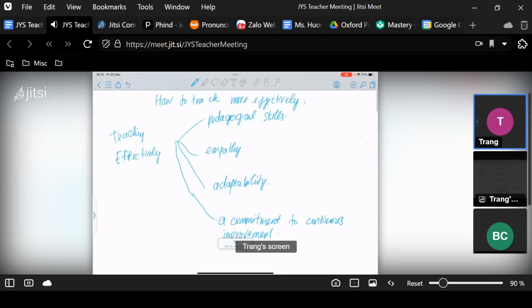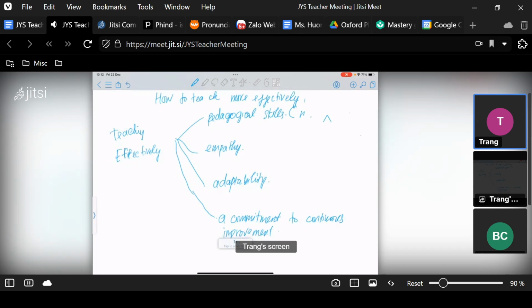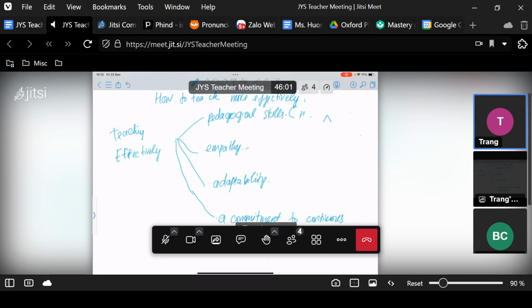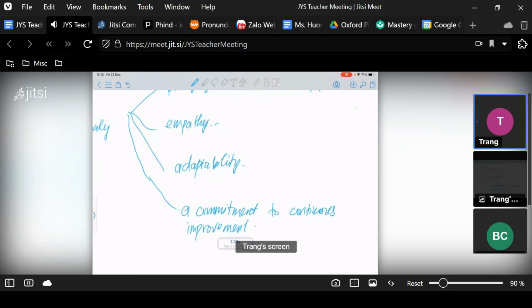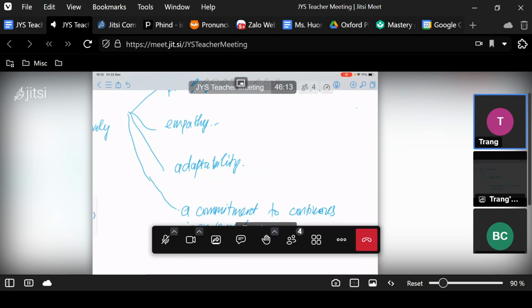Pedagogical skill consists of the methods and the approaches. Empathy means knowing and understanding your students, and adaptability is about adapting your approach to accommodate different learning styles.